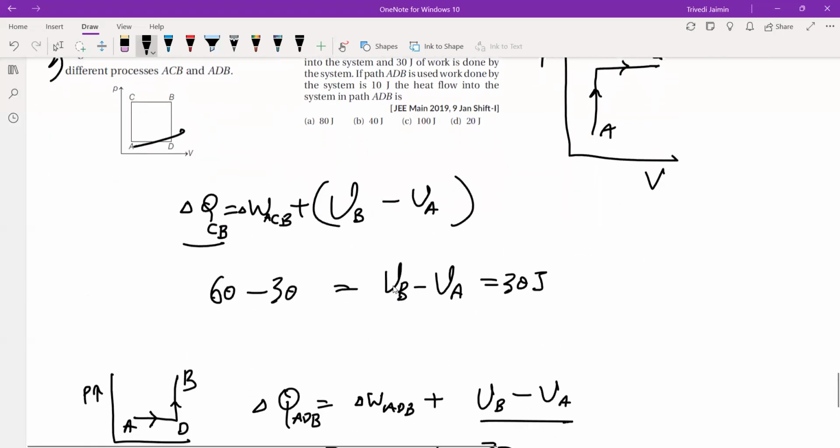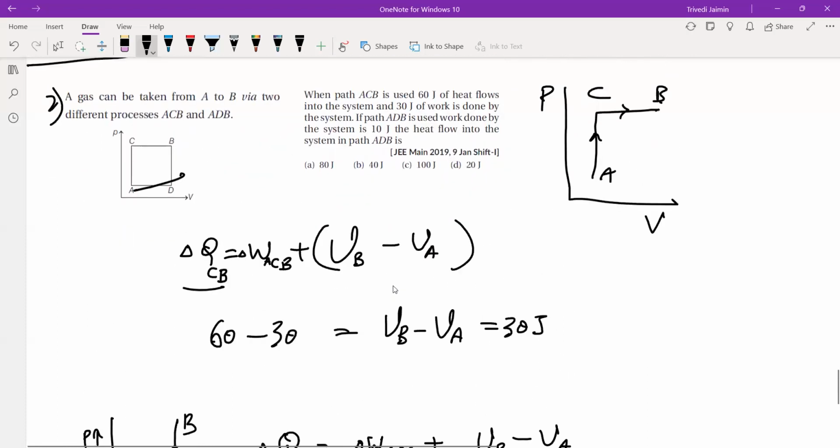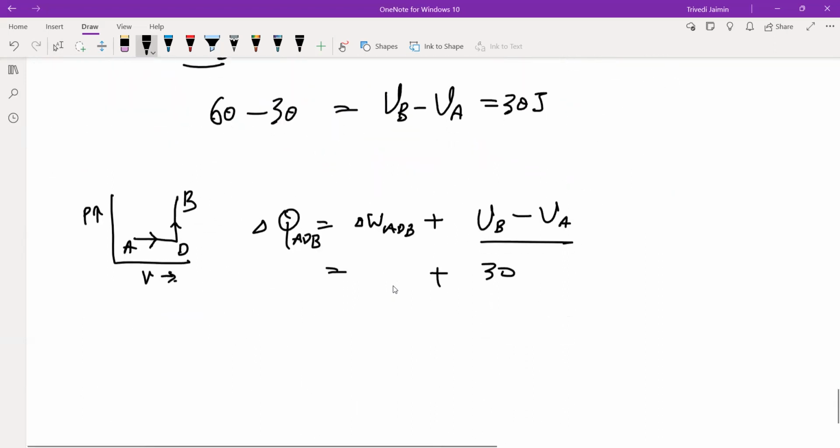See, it's given in the question. So the values are given. Right now we are just solving with pen and pencil, but in the exam, you should have that much practice that while seeing it, okay, 60 minus 30, 30 and 30 plus 10, 40. 40 will be the answer. So it is 40 joules.